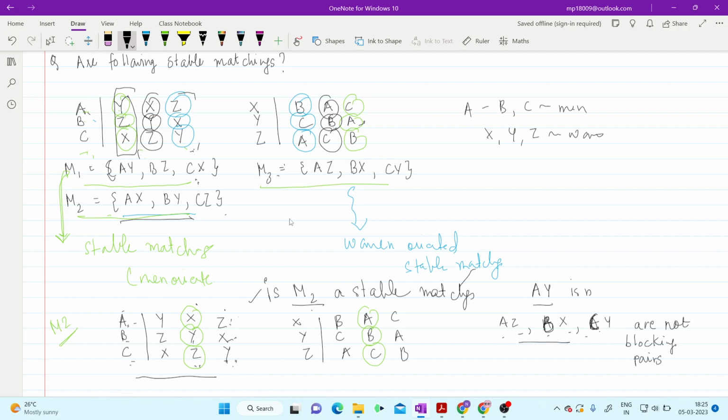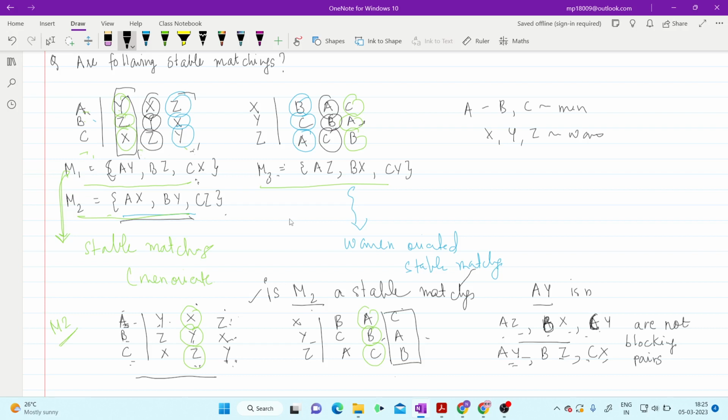And similarly you can see that AY, BZ and CX are also not blocking pairs. If you look at AY, BZ, CX, the women are happy with their assigned choices rather than these choices.